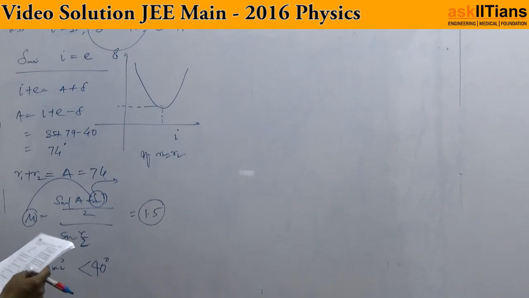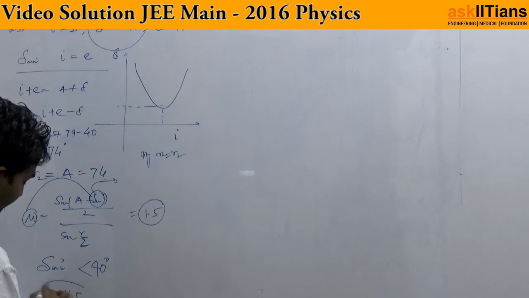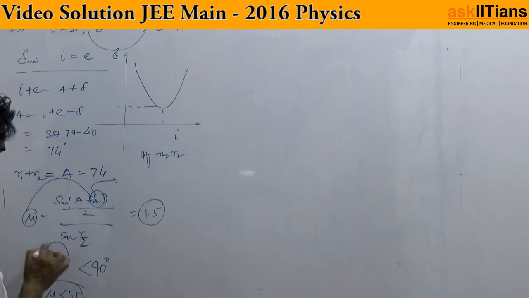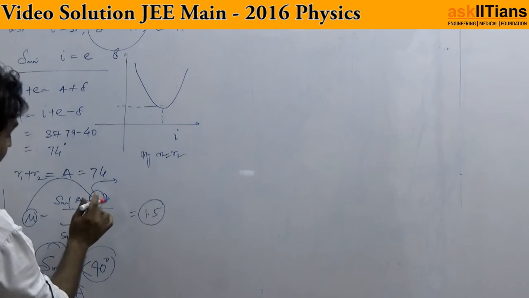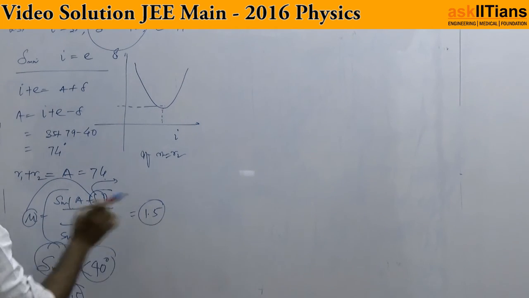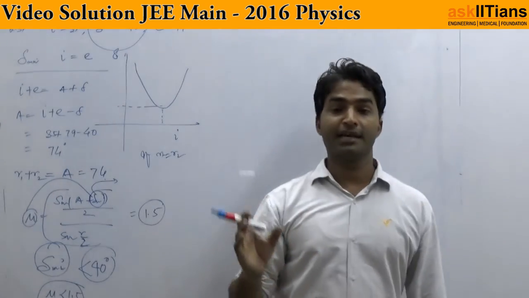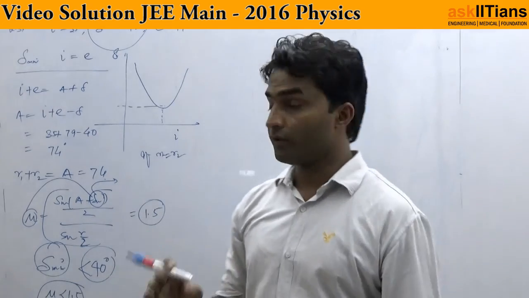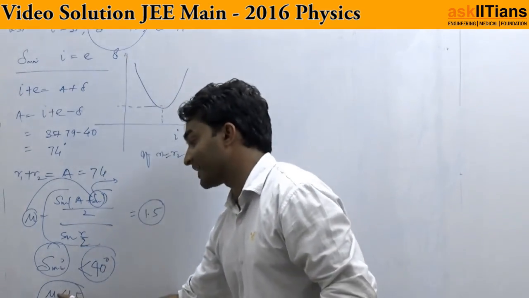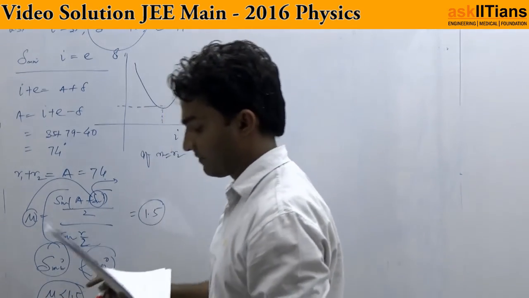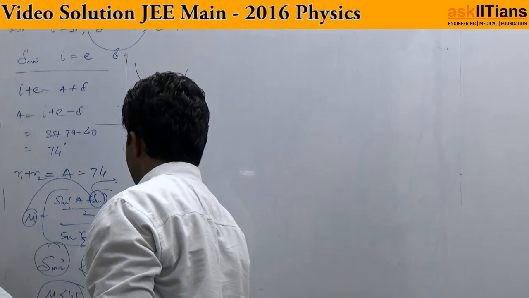So easily we can say, when we solve this value, mu can be less than 1.5, because when we put all these data over here, we get mu equal to 1.5. Usually we know that for r1 equal to r2, we get the angle of minimum deviation, for which the refractive index mu will be less than 1.5. So mu can be equal to or at most 1.5, and that is closest to option 2. Hence option 2 is the correct choice.